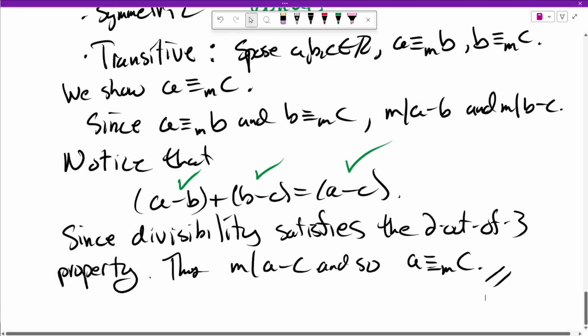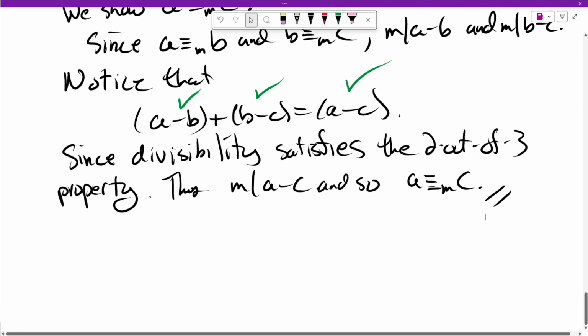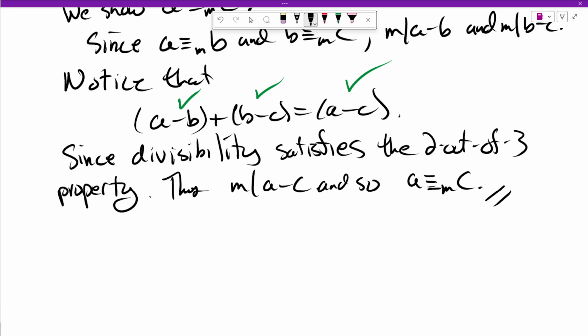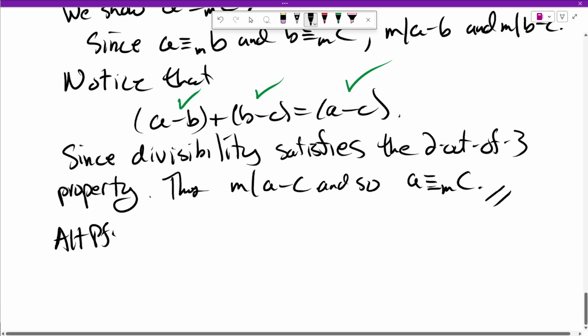There's another way of going about this proof, which is a little bit more, I don't want to use the word painful, but that's what comes to mind. We can be a little bit more specific about divisibility. So alternatively, we're going to start at the star up here and redo it.